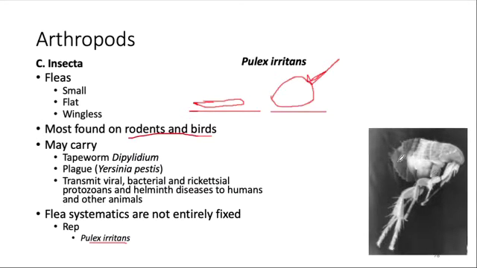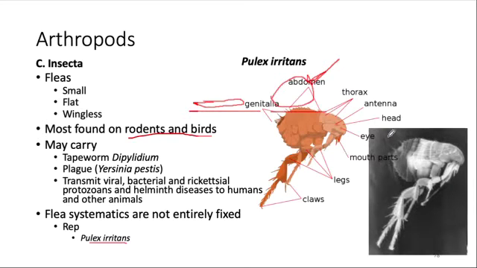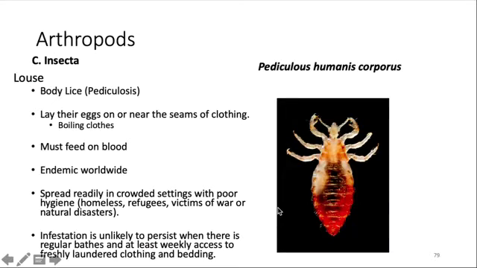This is the picture of Pulex irritans. You can see how the morphology of the legs is, that the hind legs are longer and more powerful than the forelegs, and it helps it in springing. So it depends on the organism's lifestyle.